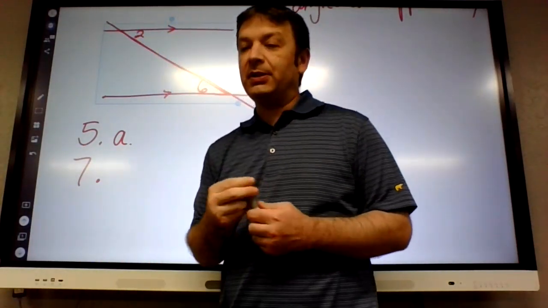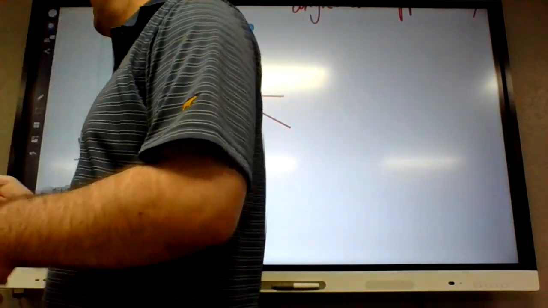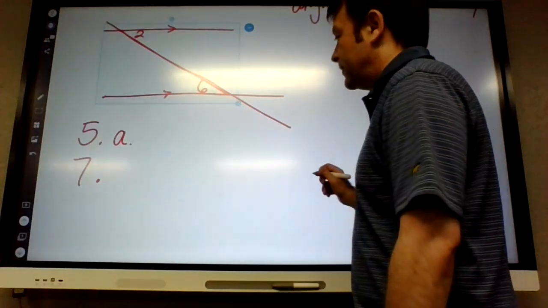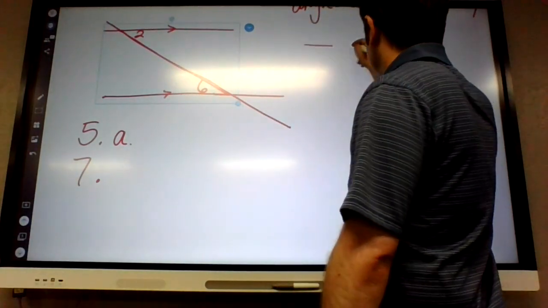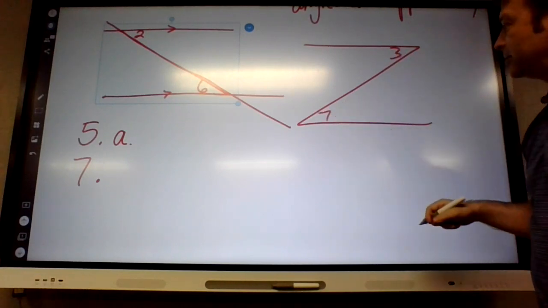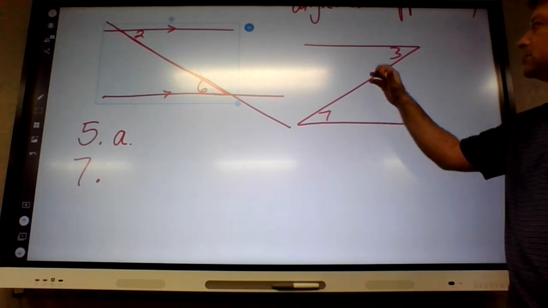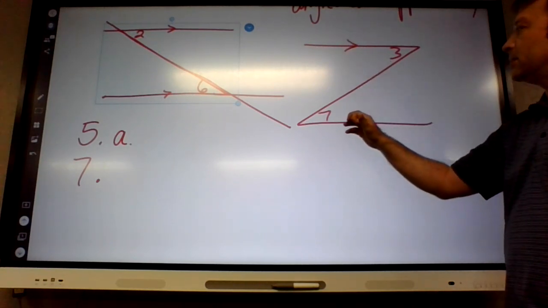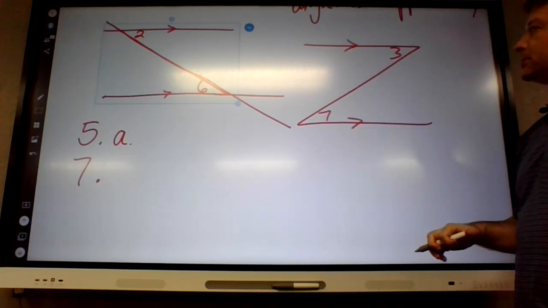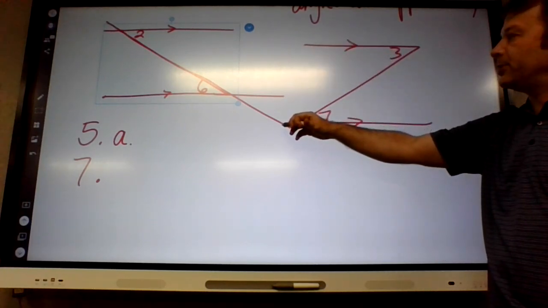Number 7 says angle 3 and angle 7 are congruent. If I drew that, angle 3 is up here and angle 7 is right there. If those were congruent, what lines would have to be parallel? AD and BC. Okay, the top and bottom again. These two are not even part of the angles, right?